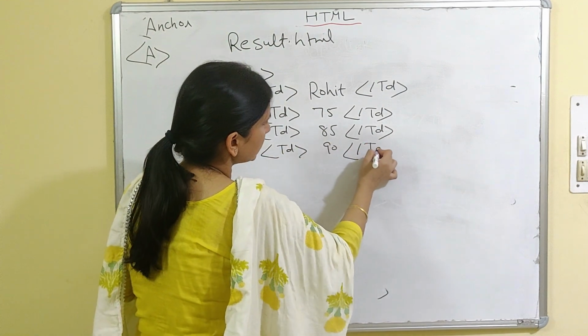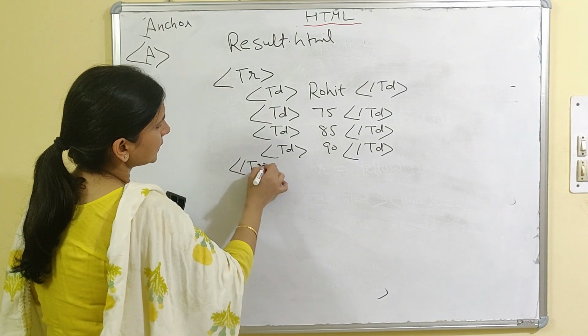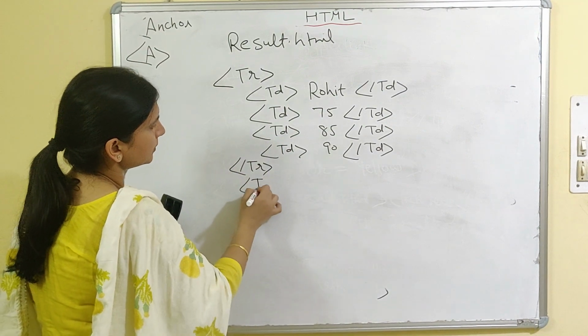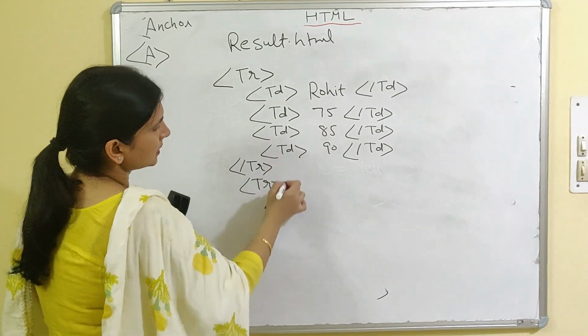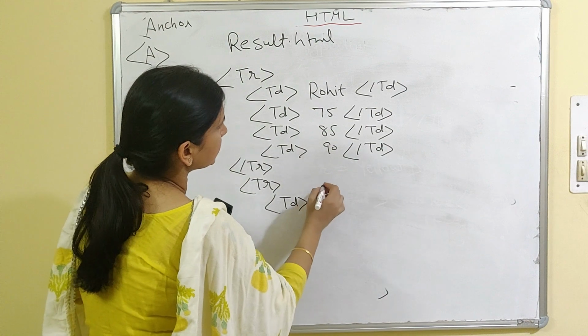So I will create only 3 rows, 1 heading and 2 data. So one more TR. In first we are given the heading, and the second we are given the data.